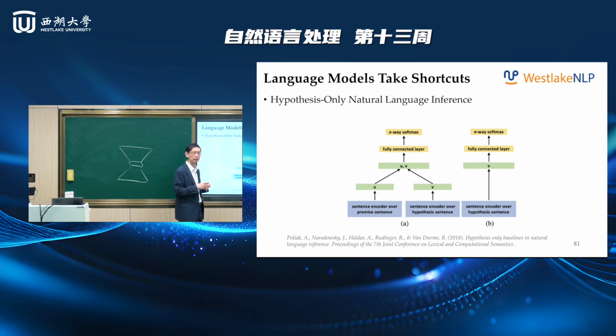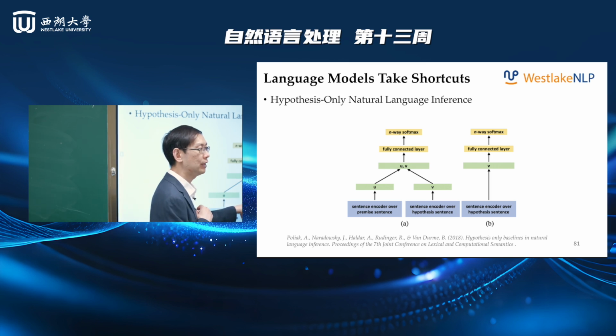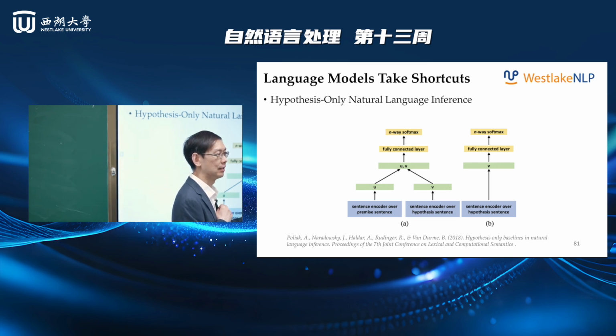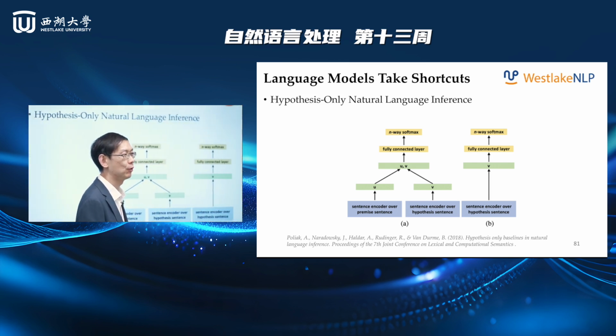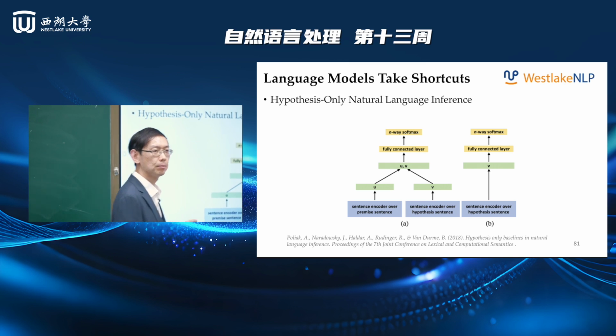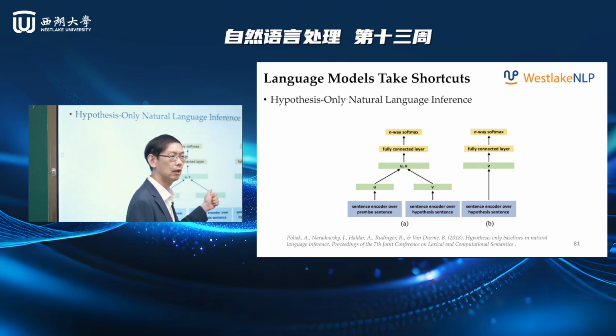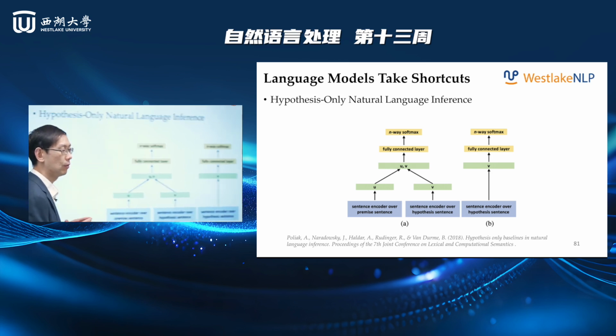One day, people suddenly found, I only need to feed the hypothesis into BERT. I can still predict whether the premise contains the hypothesis very well. Oh, then there must be a problem. Because BERT doesn't even have to look at the premise, and you can do the work very well.